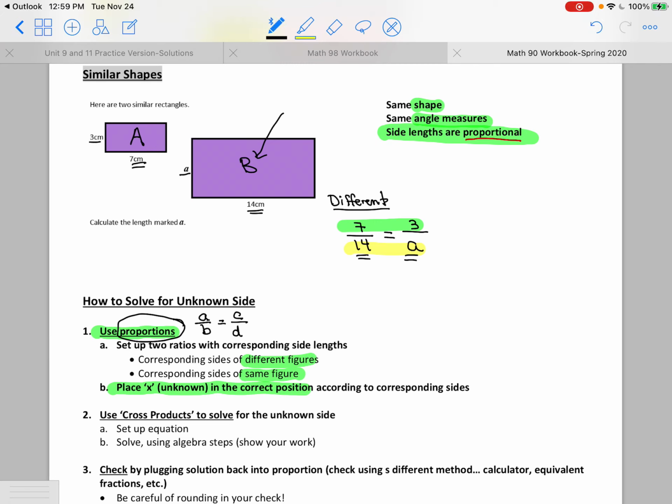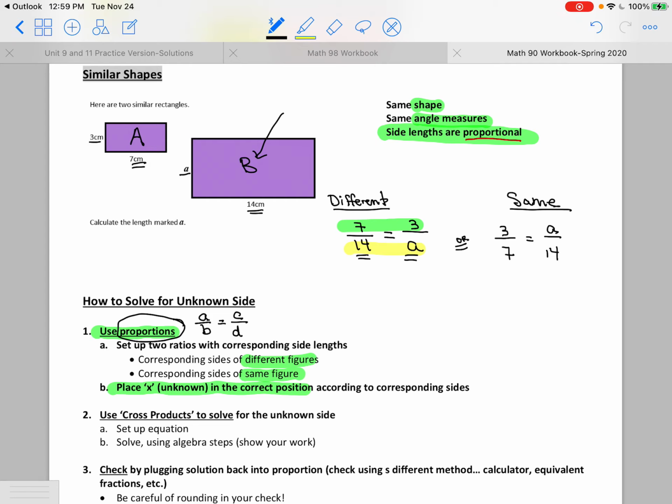The other option that I could have done is same figures. So if I wanted to, I could have gone back and said, I'm just going to deal with figure A first. I'm going to put 3 over 7 is equal to A over 14. I could do that if I want.